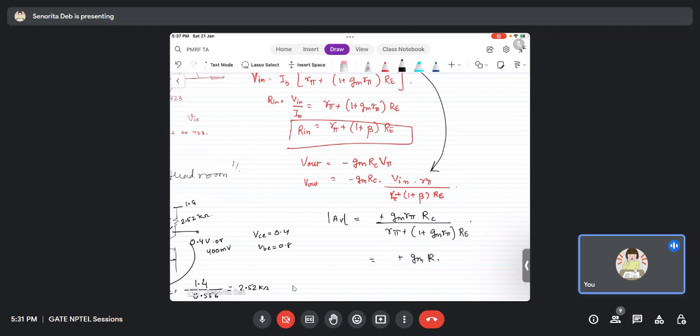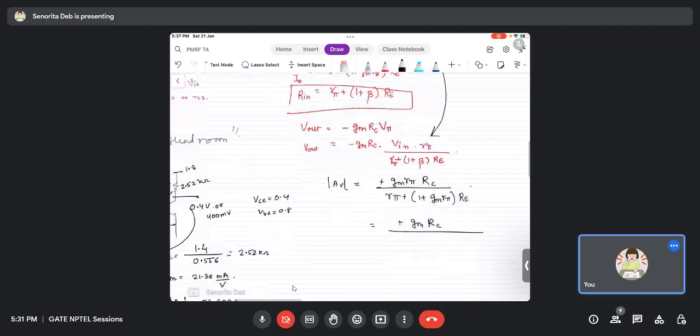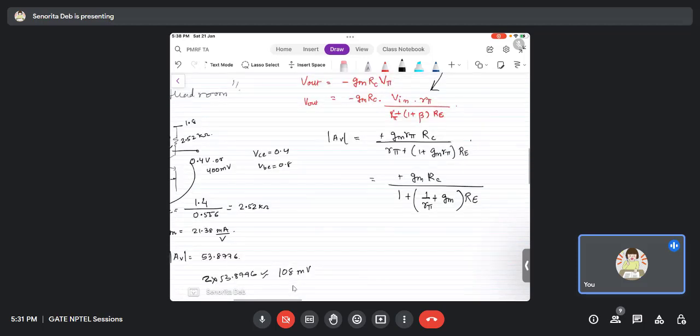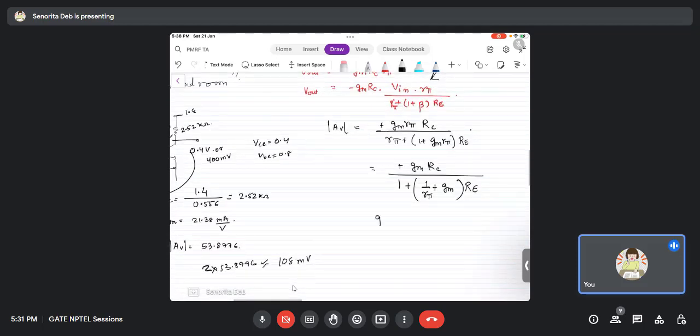So GM RC upon 1 plus 1 by R pi, divided by R pi plus GM into RE. Now if GM is very much greater than 1 by R pi, because R pi is normally in kilo ohms, then we normally use this formula.